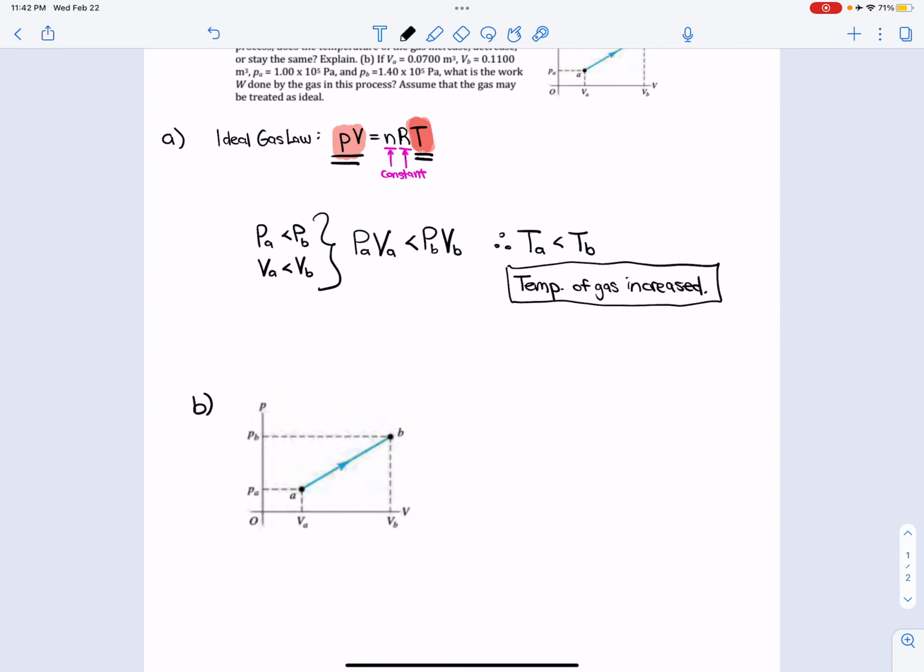We know that VA is 0.0700 cubic meters. VB, the volume at state B, is 0.1100 cubic meters.